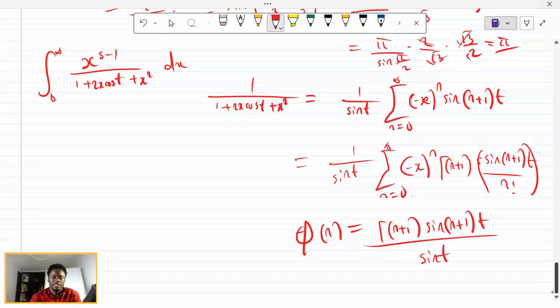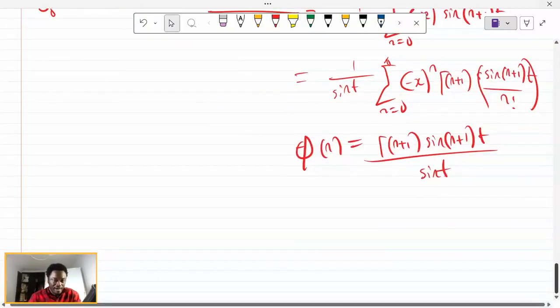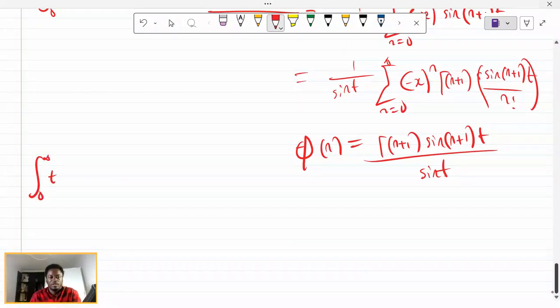Now, the Mellin transform can easily be found from the Ramanujan master theorem, which says the integral from 0 to infinity of x to the s minus 1 f of x dx is gamma of s phi of negative s.